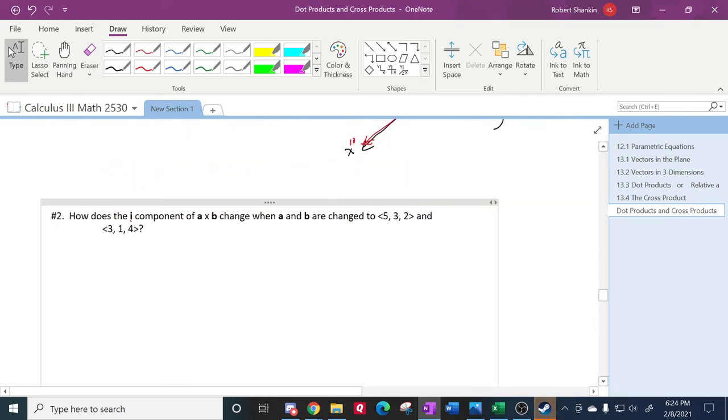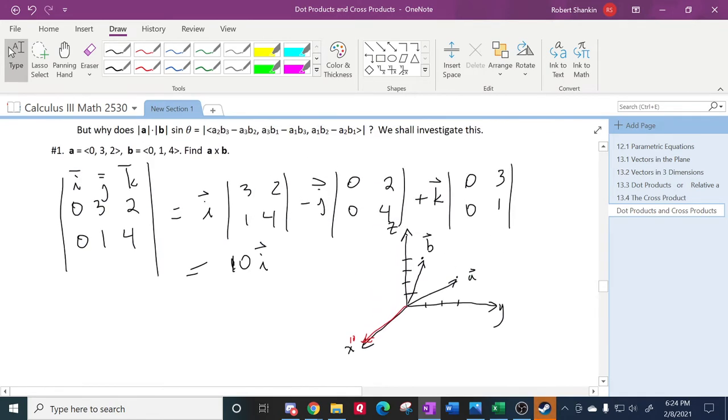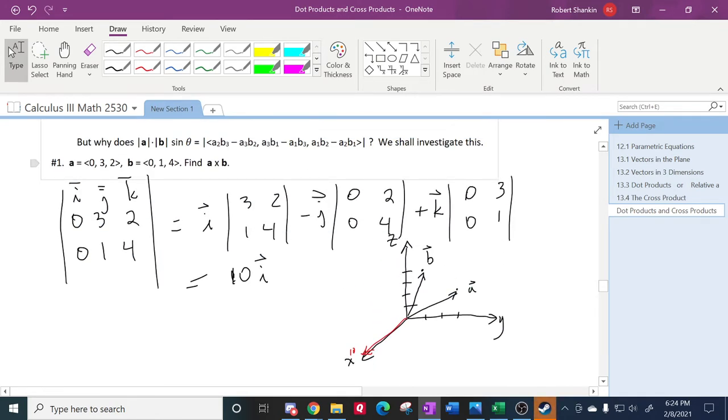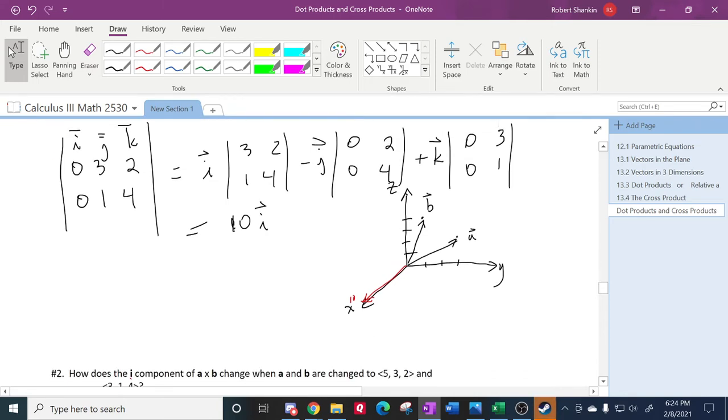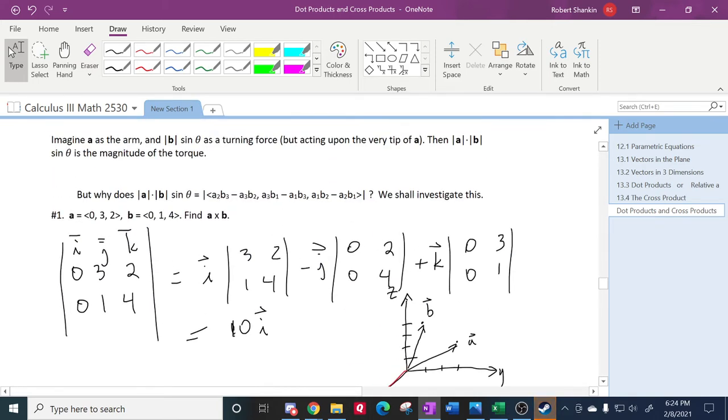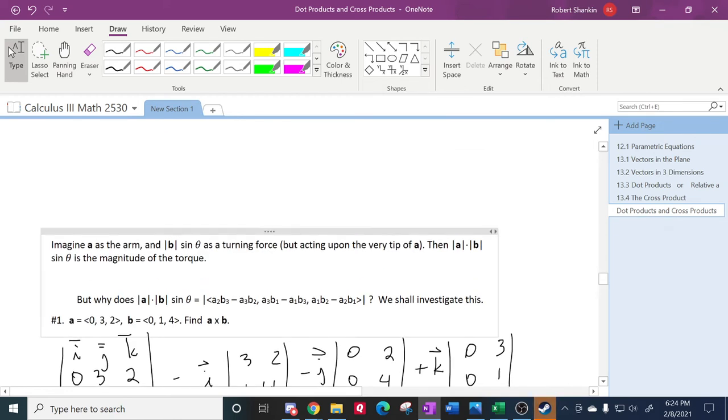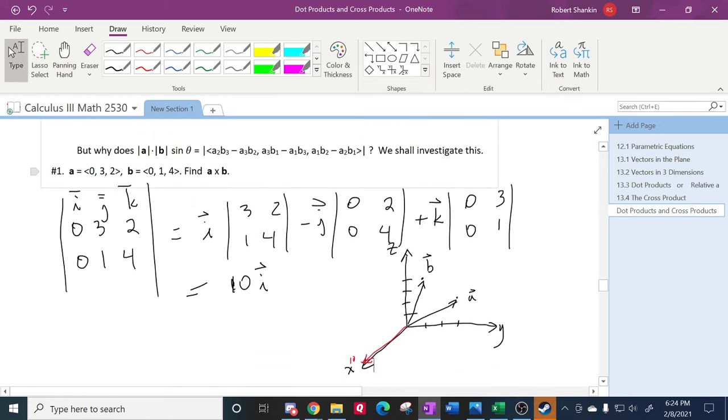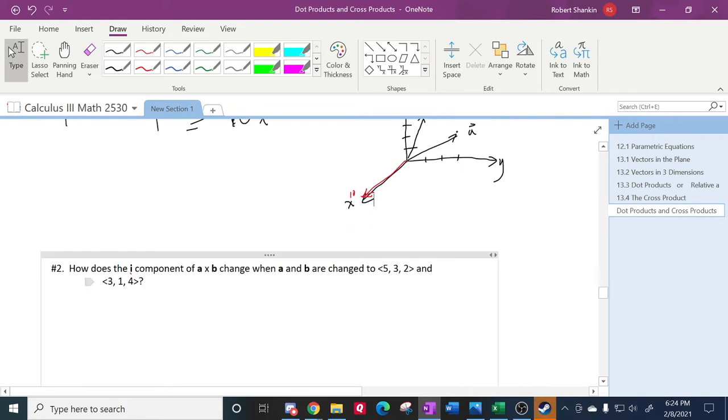How does the I component of A cross B change when A and B are changed to these? Now A is the same vector that it was before, 3 and 2, but now it has a non-zero x-coordinate. And B is the same vector as before, with 1 and 4 as its second two components, but its first component is now non-zero as well.